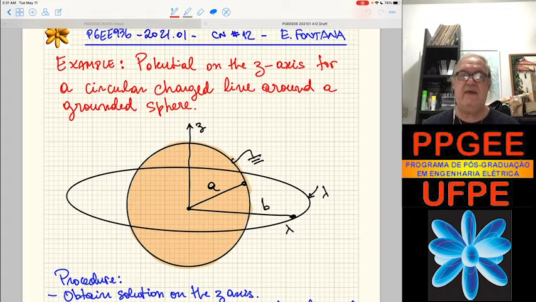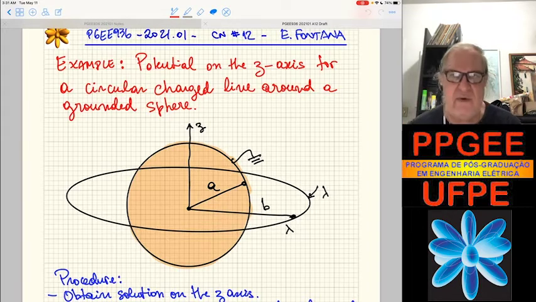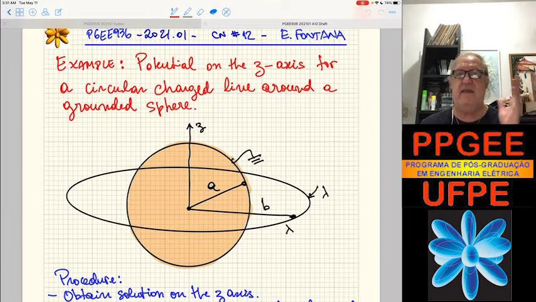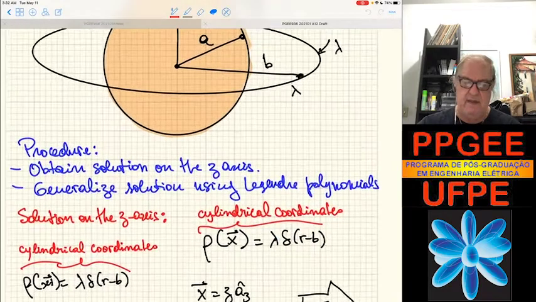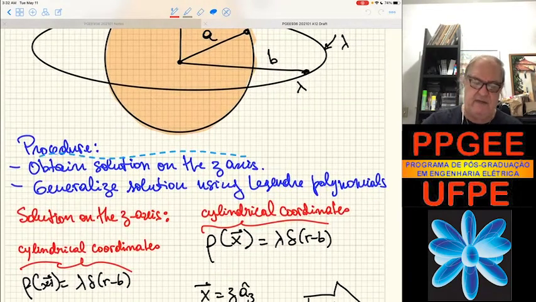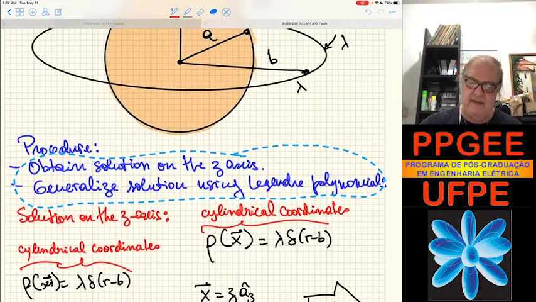And we can use the technique of finding the solution if we know the solution in a subdomain, which is on the z-axis. We derived that before. So we can find the solution on the z-axis, then we can expand the solution as a power series, then multiply each power by the corresponding Legendre polynomial. In this problem, we have azimuthal symmetry. So that's the procedure here, right?